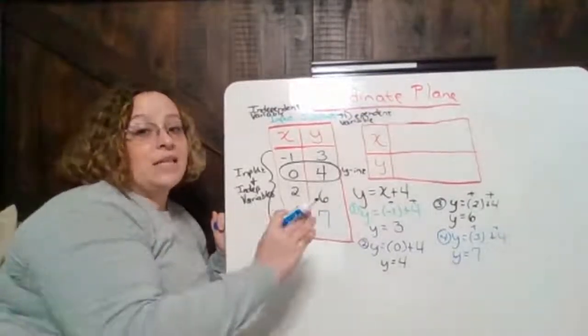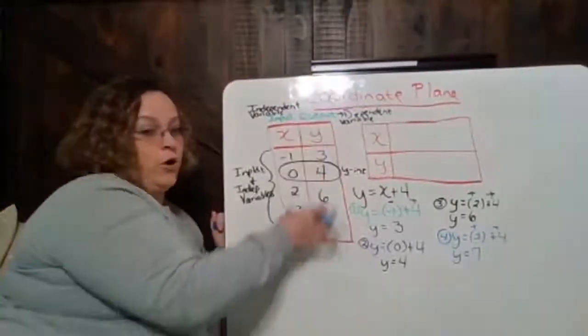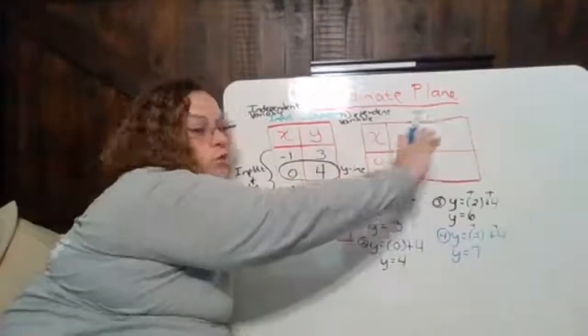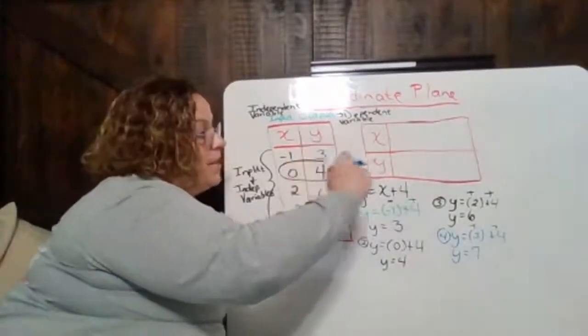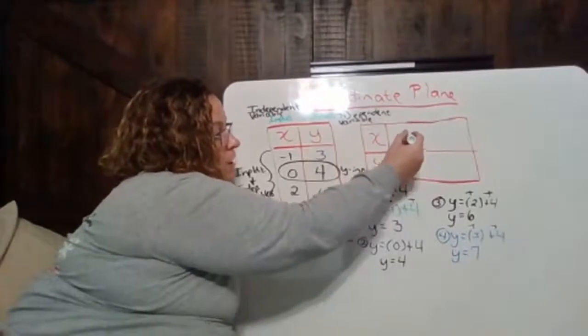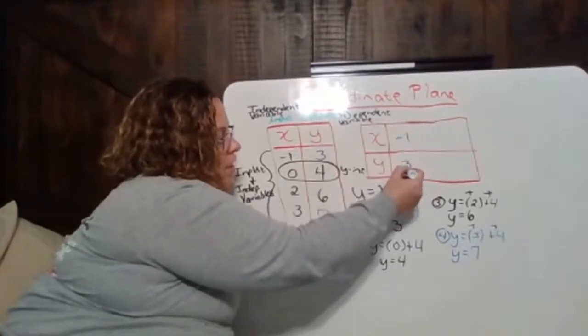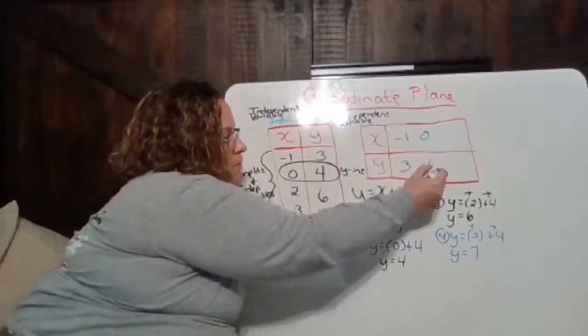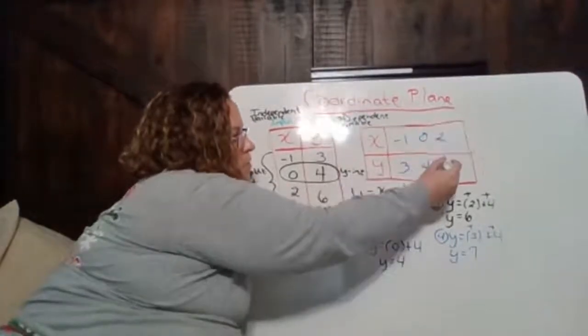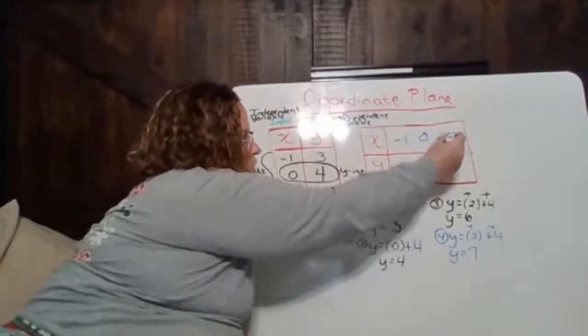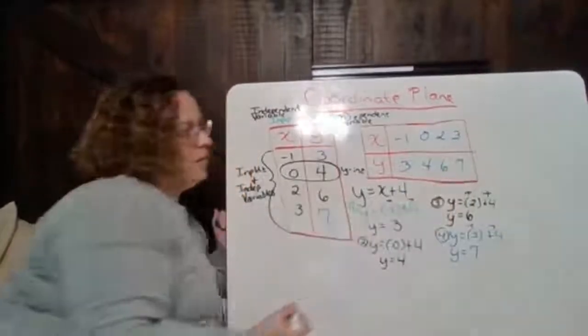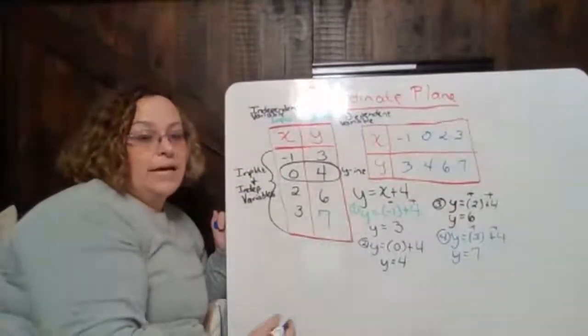So that looks the same whether it's a vertical chart or a horizontal chart. Okay, so it looks the same here. So -1, 3, 0, 4, 2, 6, 3, 7. Doesn't matter. It looks the same.